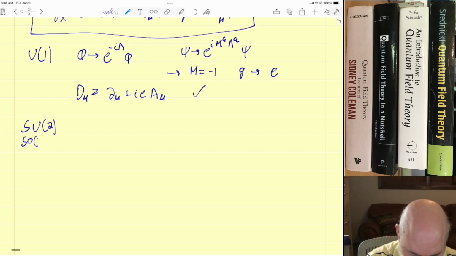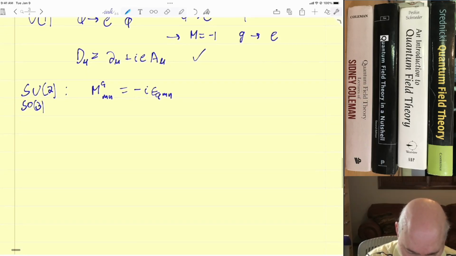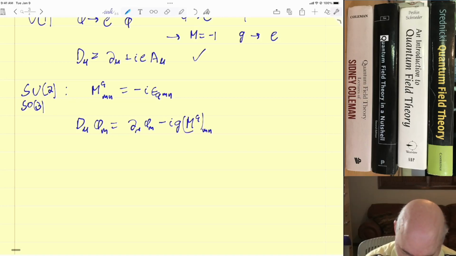Maybe it's really SO3, the same group. So we have M^A_MN, as we showed earlier, equal to minus i epsilon_AMN. So here we would get D_mu phi_m is equal to the partial of mu phi_m minus i g M^A_MN A^A_mu phi_n.